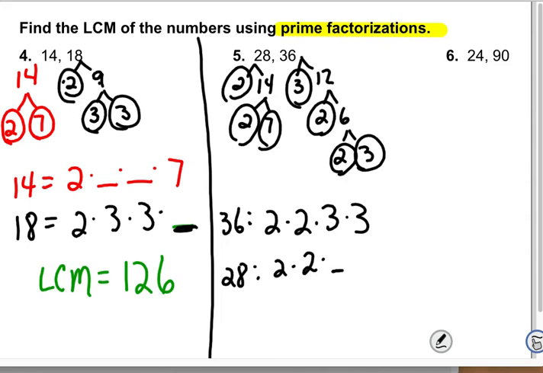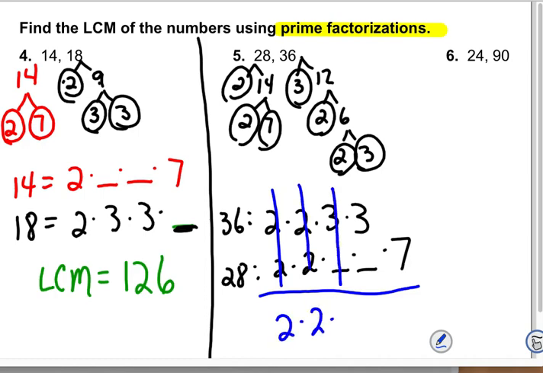I don't have a 3, but I have a 7. Now, did you get it to there? Once you get it to there, you bring 1 down from every column to make the decision as to what to multiply. I have a column of 2's times 2 times 3 times 3 times 7.